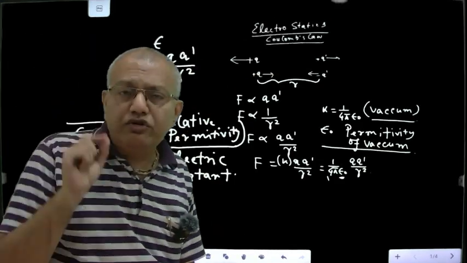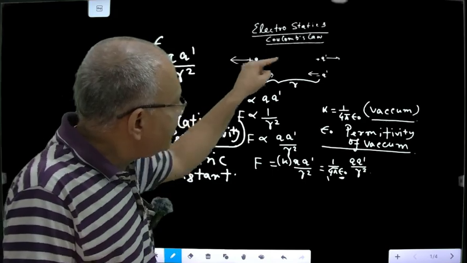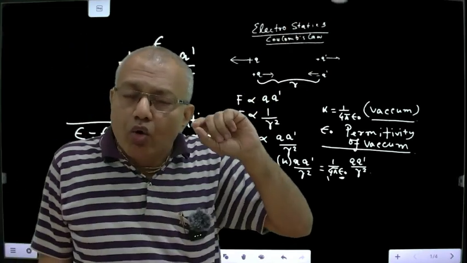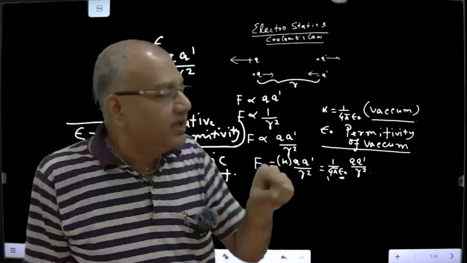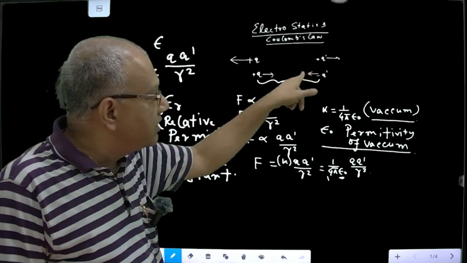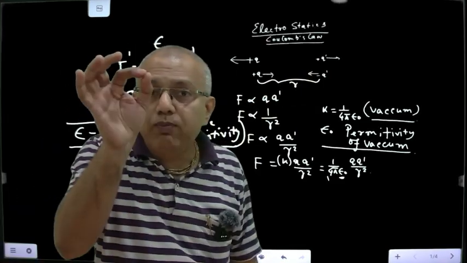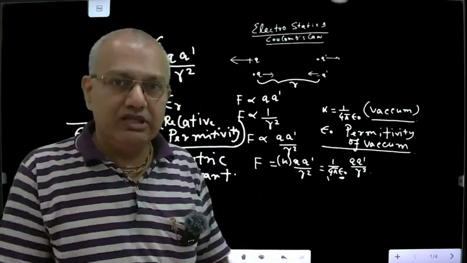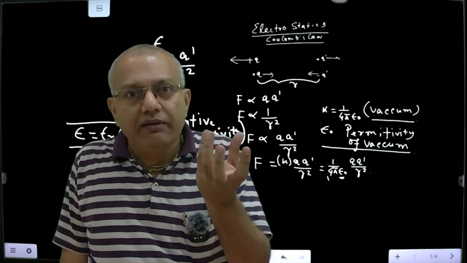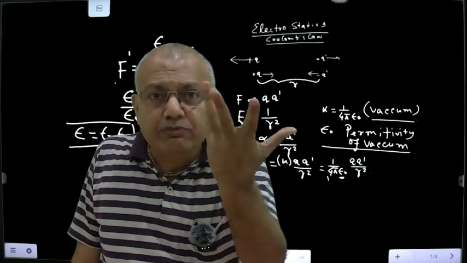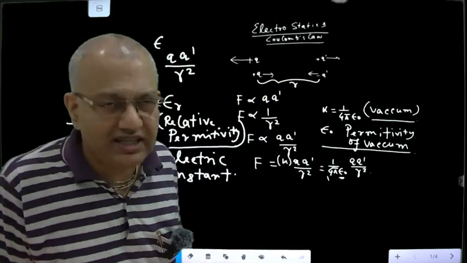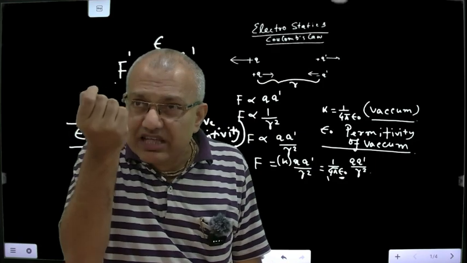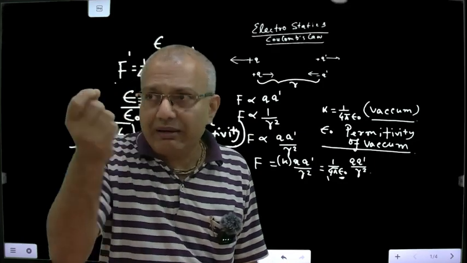So one thing you have to remember is that whenever I talk about Coulomb's law, we have considered the charged particles as point charges. Simple point charge. Point means what? Just like the dimension is infinitely small. So naturally, it is not possible to place some charge exactly at a very small region.